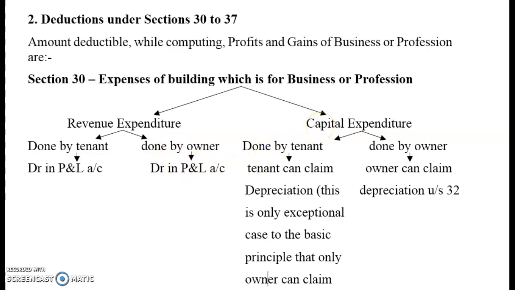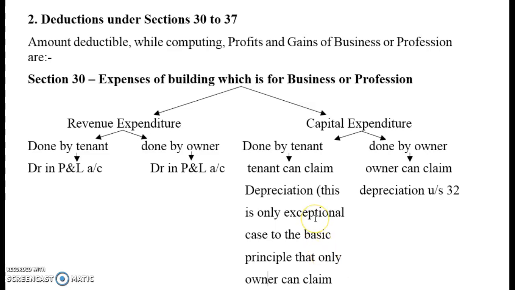When it comes to capital expenditure, if it is done by a tenant, the tenant can claim depreciation, and this is the only exceptional case to the basic principle that only the owner can claim the depreciation. This is under section 32, and we'll discuss section 32 in much detail, in which you will understand how we can compute the depreciation under the Income Tax Act.